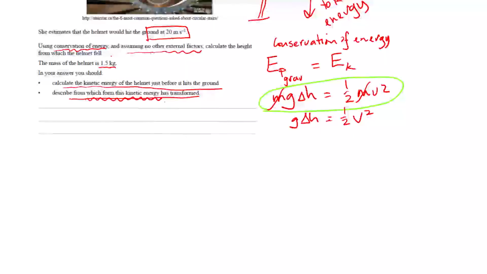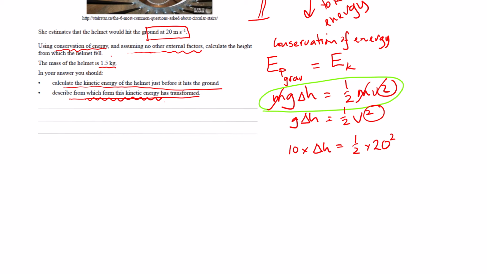And we're given g is 10, and the height we don't know is equal to half, and the velocity is 20, and it's squared. Don't forget the squared. It's a shame to lose some marks because we forgot to square it.